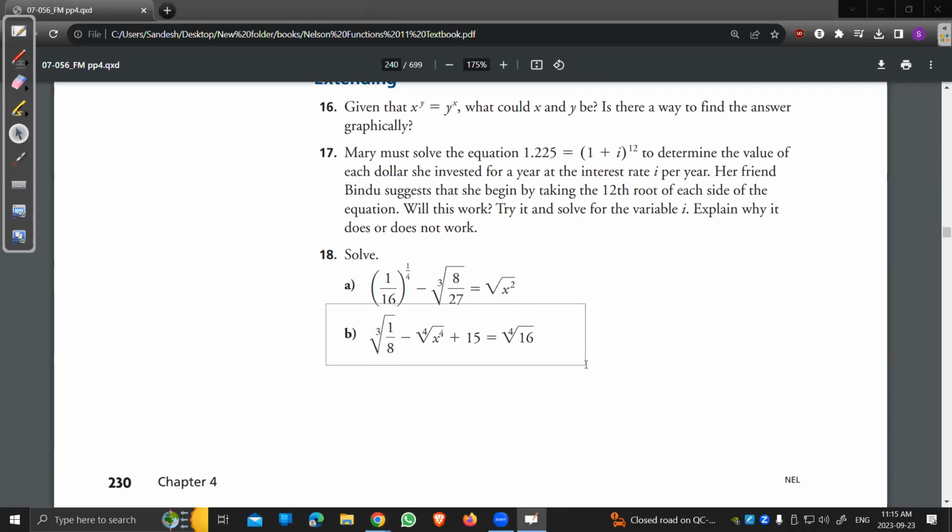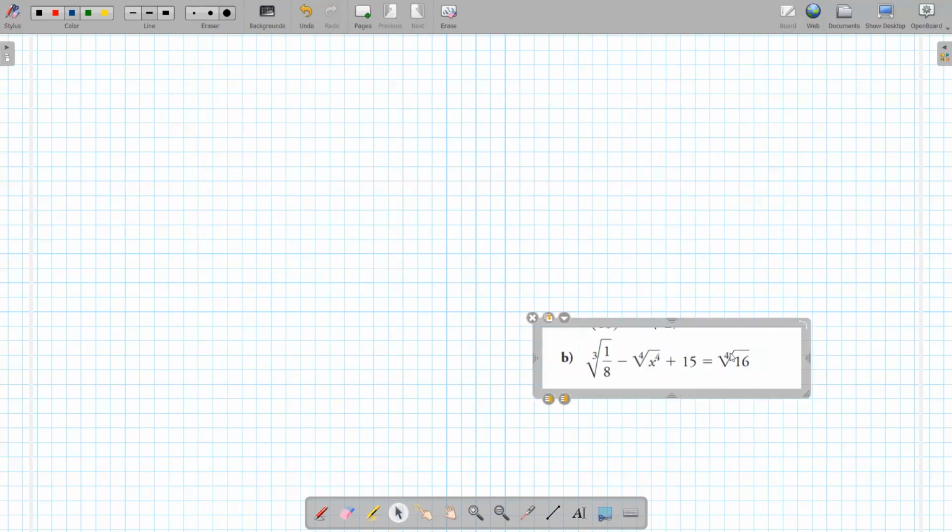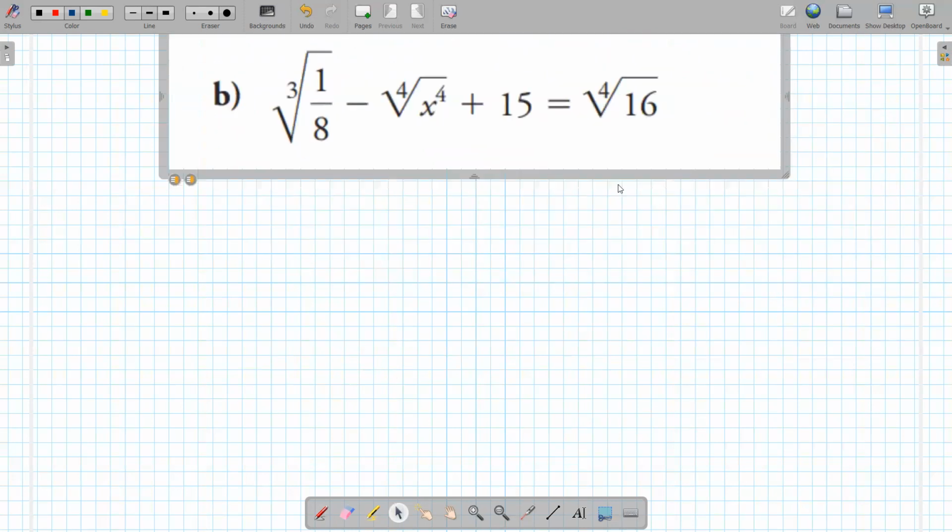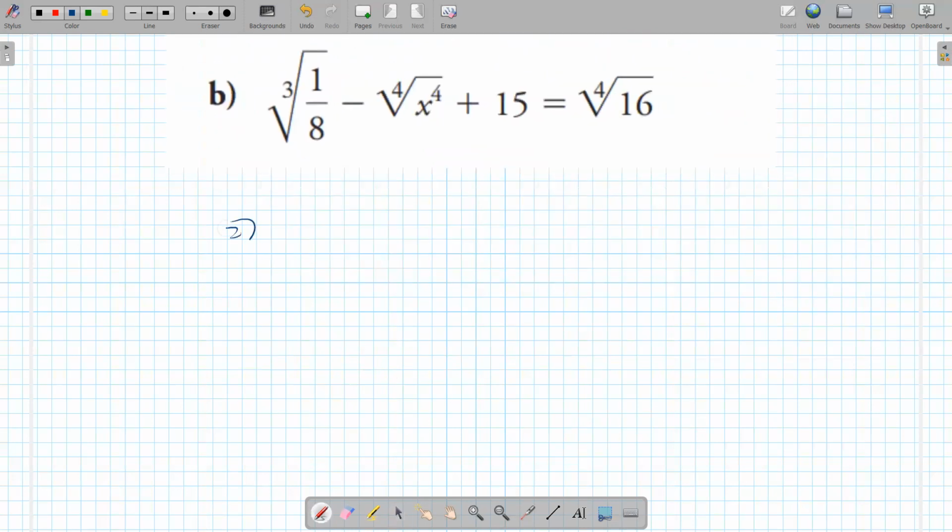Even this one is very simple. What's the third root of 1 over 8? It's 1 over 2. Fourth root of x to the 4th? X. 15. Fourth root of 16? 2.